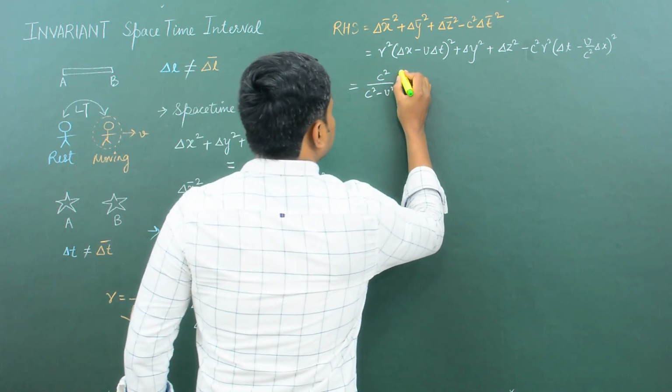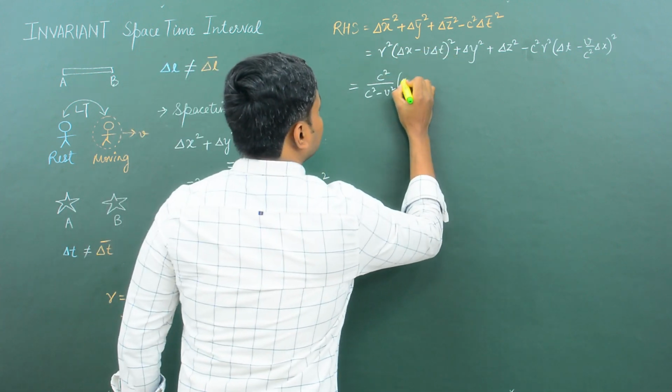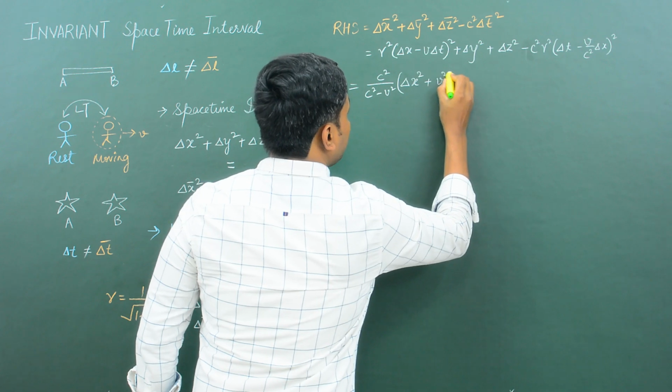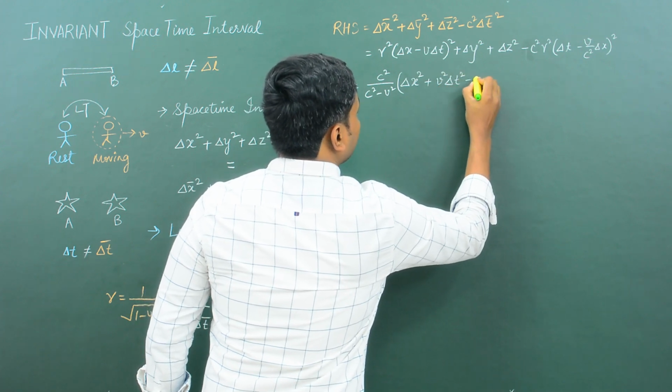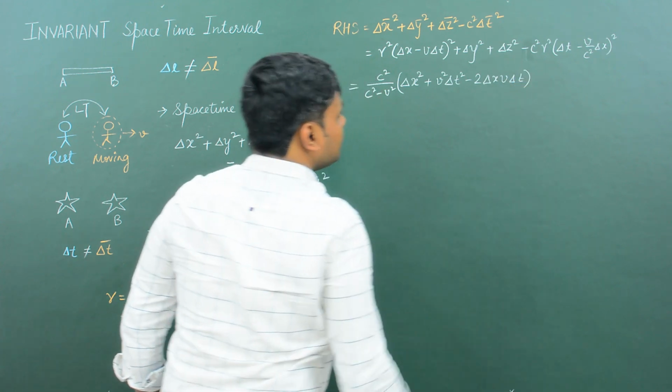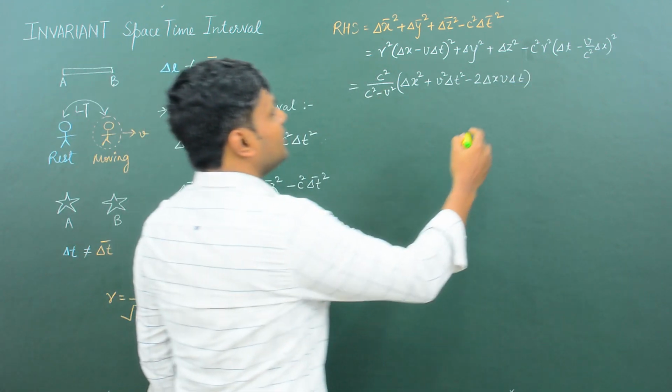And here inside the brackets, you will have del x square plus v square del t square minus 2 del x v del t. All right, fine till now. Let us look at the other terms.